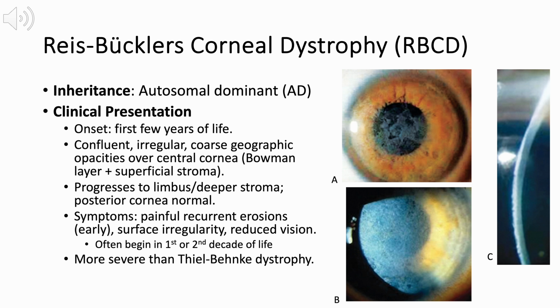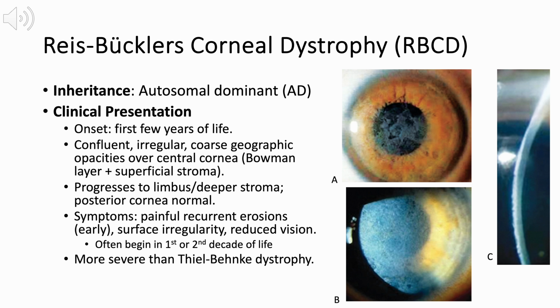Patients often develop painful, recurrent erosions at an early age, which may begin in the first or second decade of life. These erosions are associated with surface irregularity and progressive vision reduction due to the disruption of corneal clarity and smoothness. Because of this, patients frequently experience significant visual symptoms alongside discomfort.